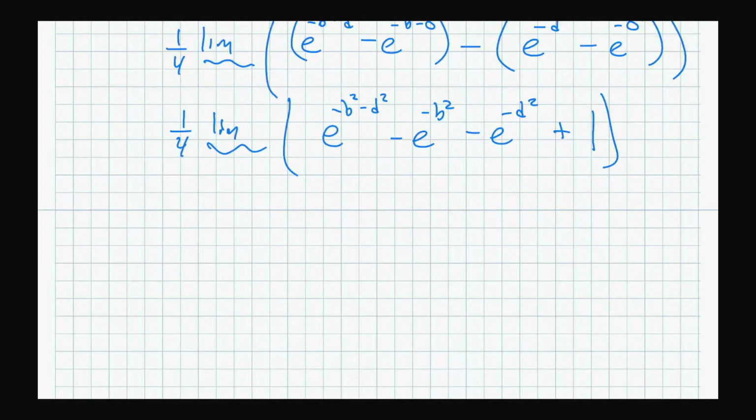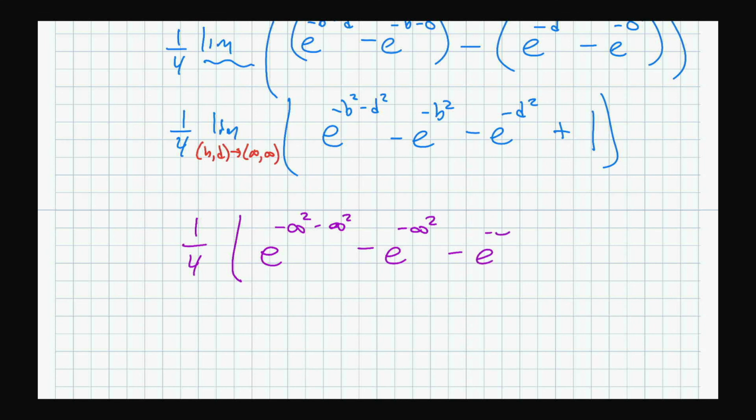Now, let me go put my limit back in. So my limit was that b and d were both going to infinity. So if you put that in, you get 1/4 e to the negative infinity squared minus infinity squared minus e to the negative infinity squared minus e to the negative infinity squared plus 1.